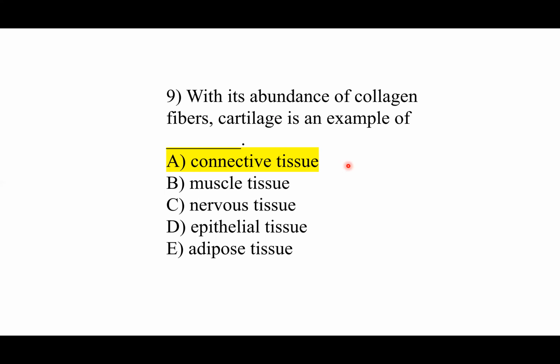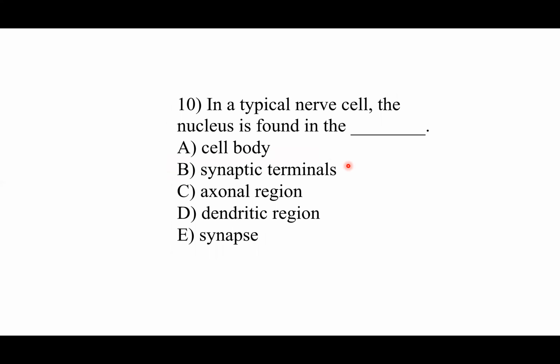So it's A. In a typical nerve cell, the nucleus is found in the A, cell body. So you have a cell body that includes the nucleus. You have dendrites and axons. So that's the basic structure of the nervous system if we look at it on a small scale.